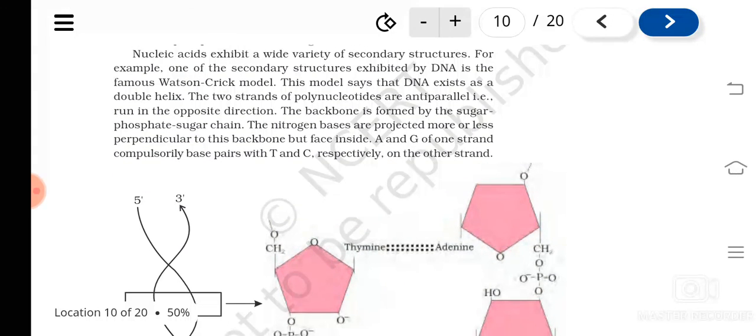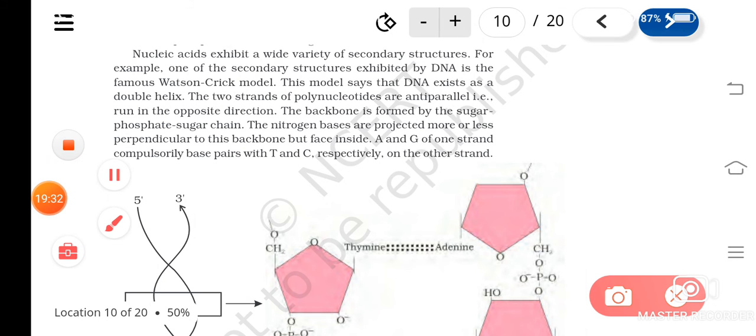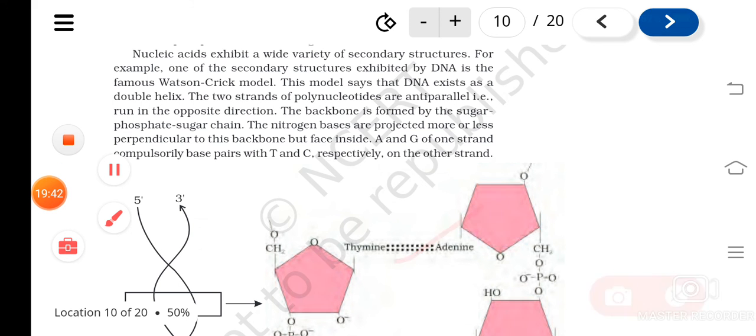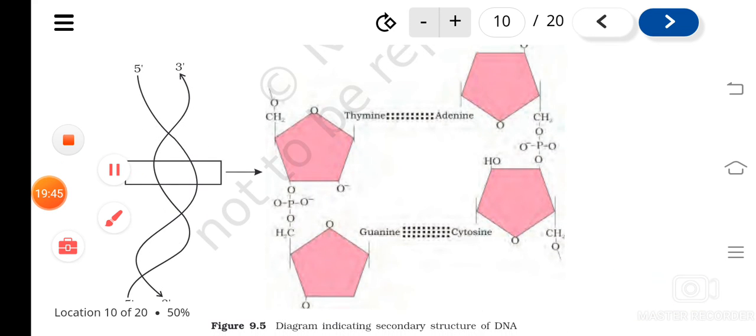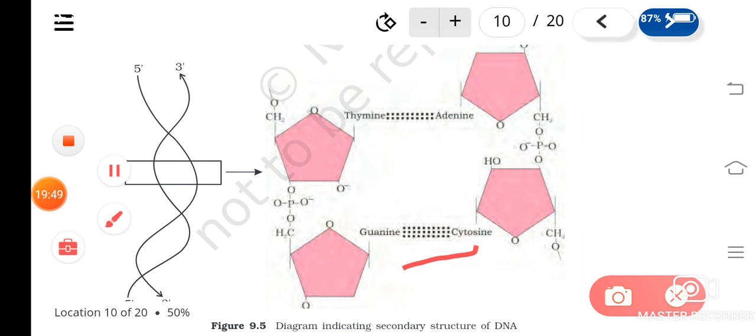Understood? And A of one strand will pair with, sorry, adenine and thymine pair with two hydrogen bonds, and guanine and cytosine pair with three hydrogen bonds.